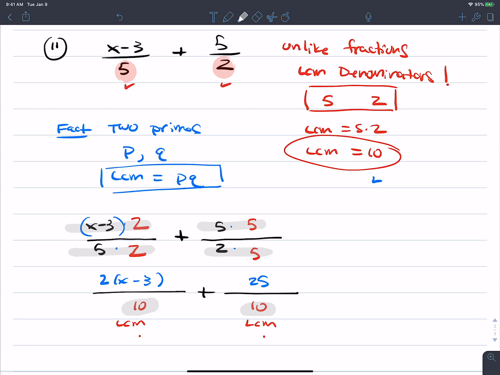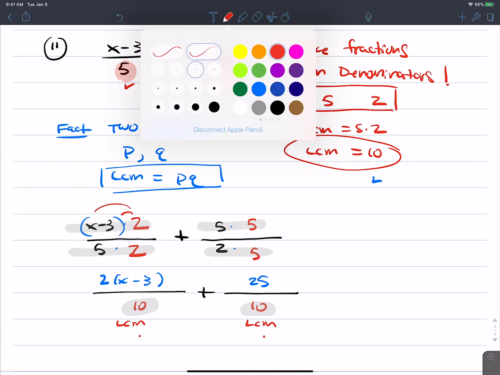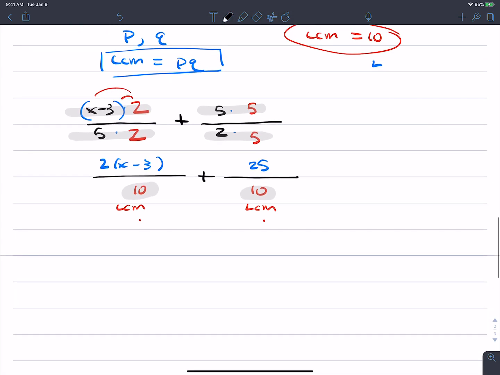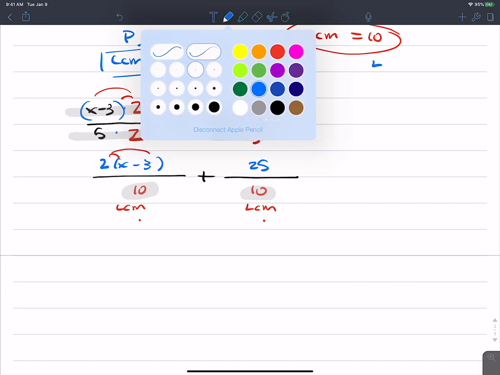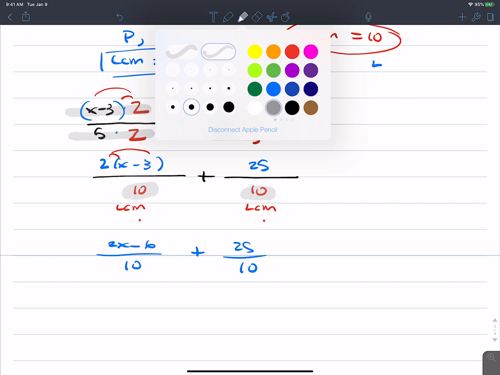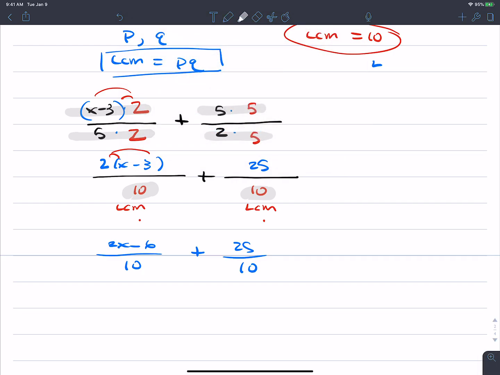So we can just recall that we're going to have to distribute, so do every detail. And now when we distribute here, we'll end up with (2x − 6)/10 + 25/10. And then we're going to notice here that we are now in the like fraction mode. So our denominators are now the same.